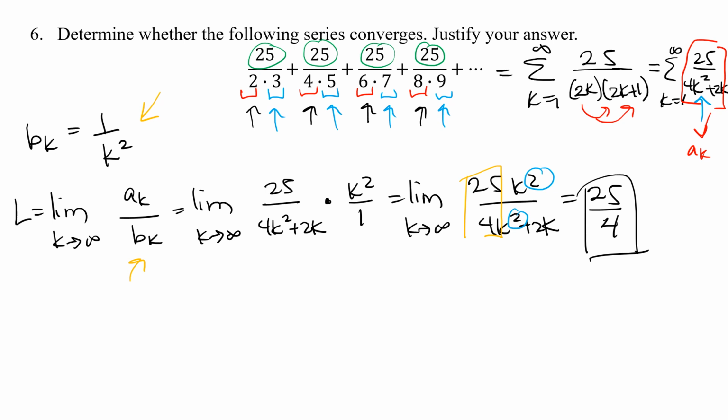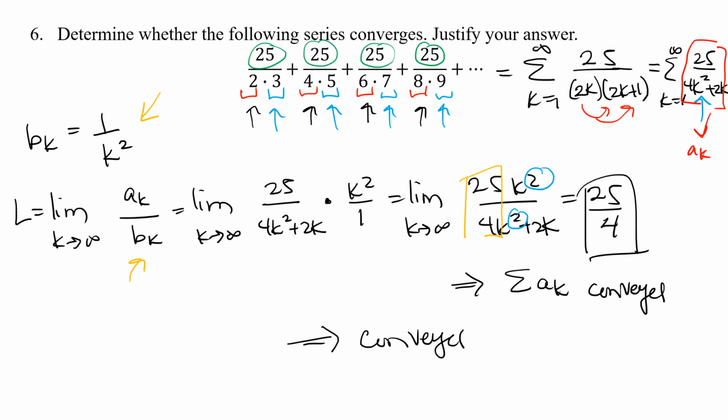So we say that our summation of a sub k converges, because we got some number, right? We didn't get infinity, so our summation of a sub k must converge. And how do we justify our answer? We say that it converges by the limit comparison test.